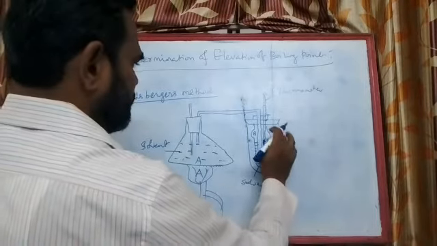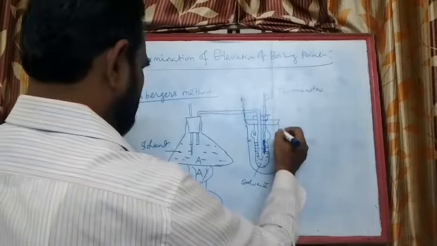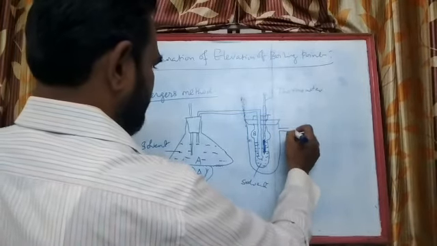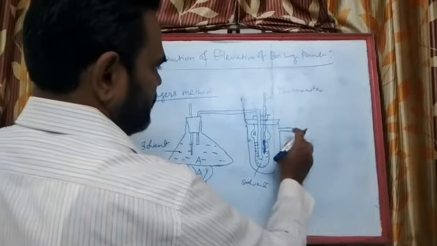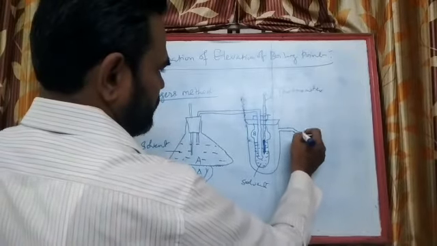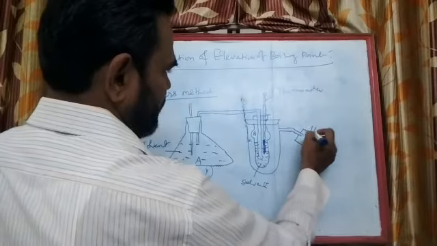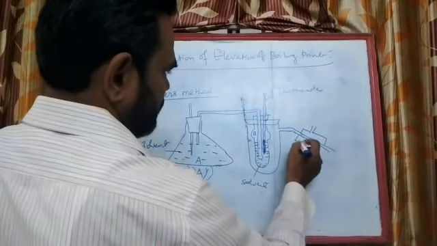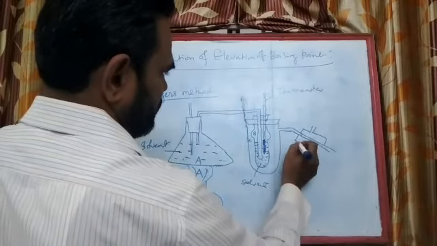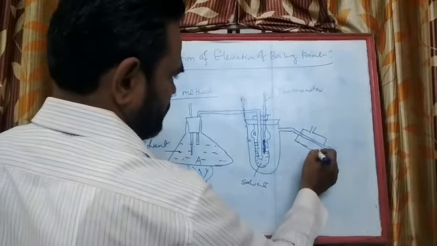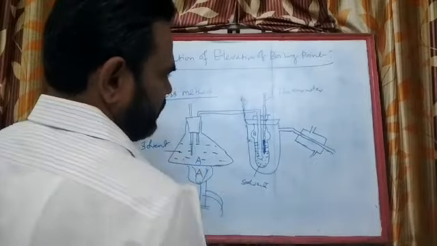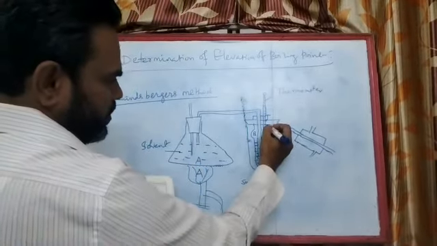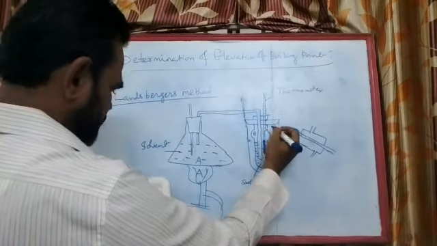From the side you have a U-tube, which can be condensed. The delivery tube has a small, fine orifice.